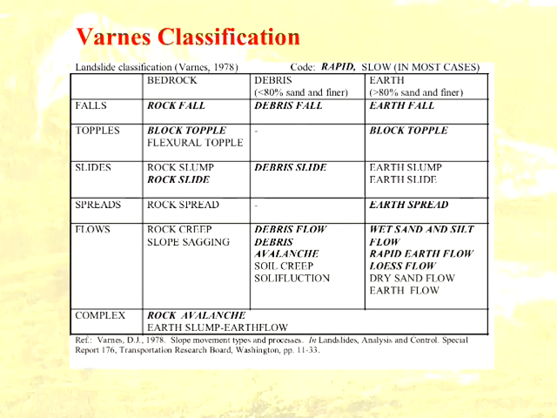In this classification system, the type of movement is exhibited in the line headings: falls, topples, slides, spreads, and flows. And in the other dimension, we have material, including bedrock, debris being mostly coarse material, and earth being mostly fine material.